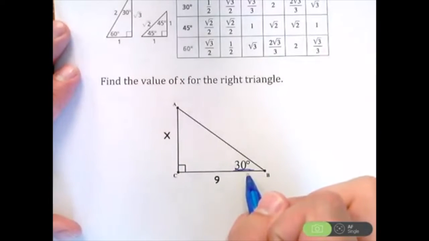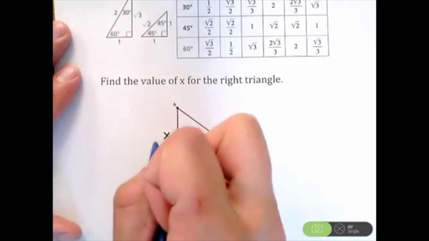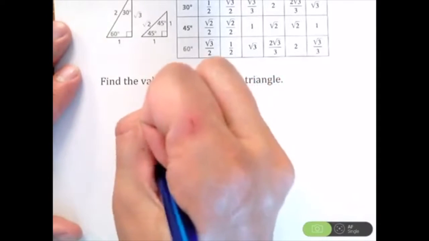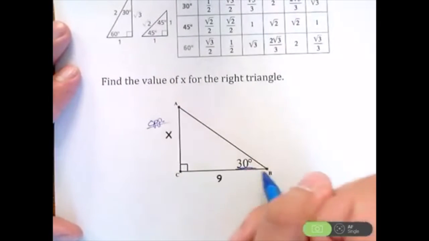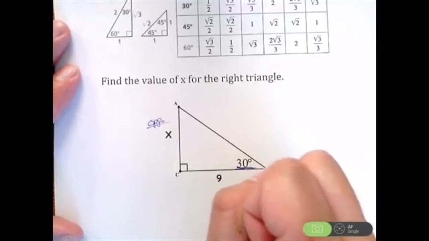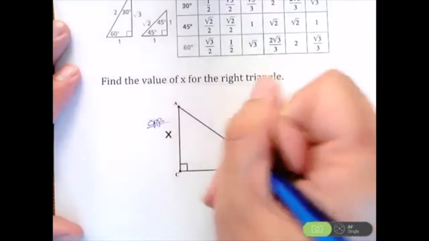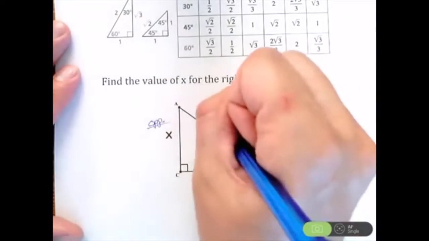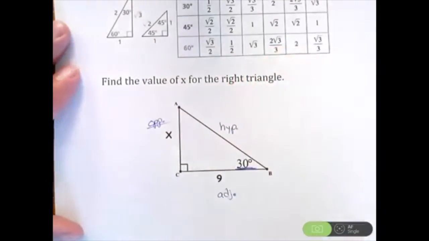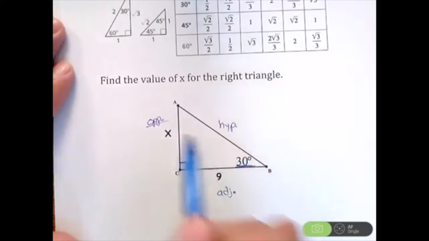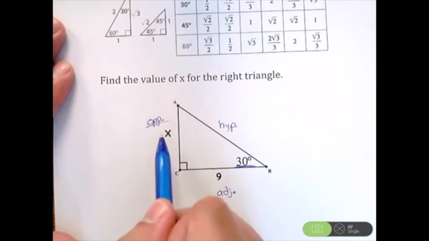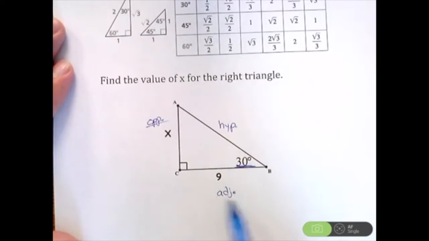So this opposite side, I'm going to label as OPP. The side of 9 would be my adjacent. And just to fill it in, this long length here is the hypotenuse of this triangle. So we're given an angle measure. We would like to know the opposite side while we were given the adjacent side.